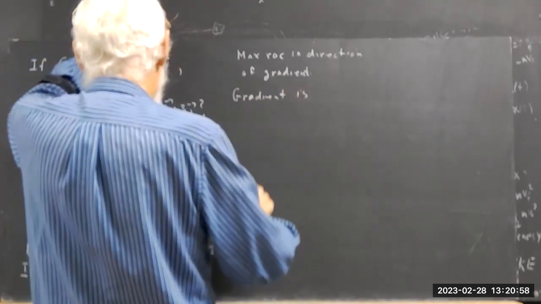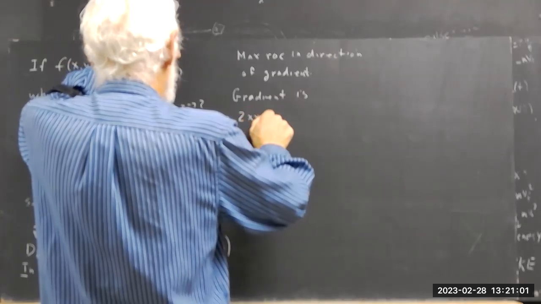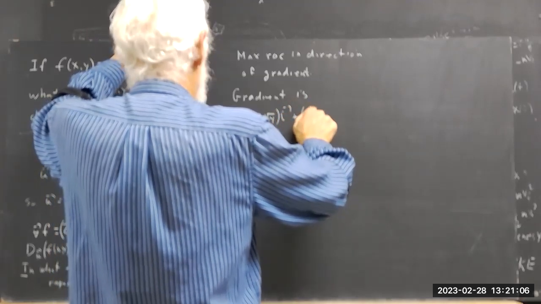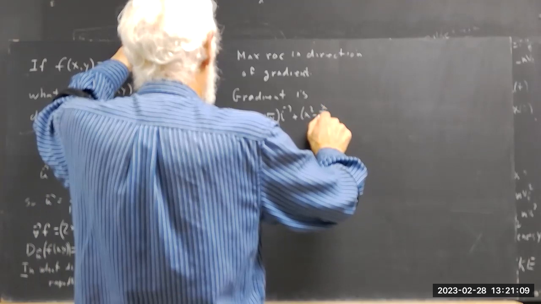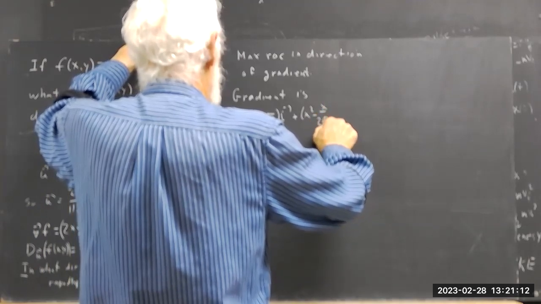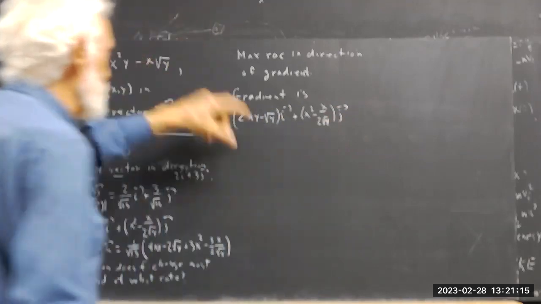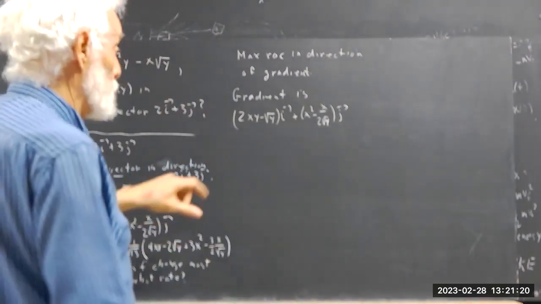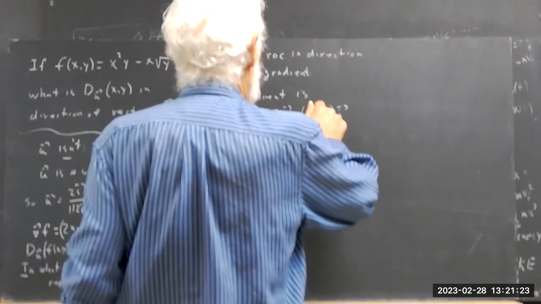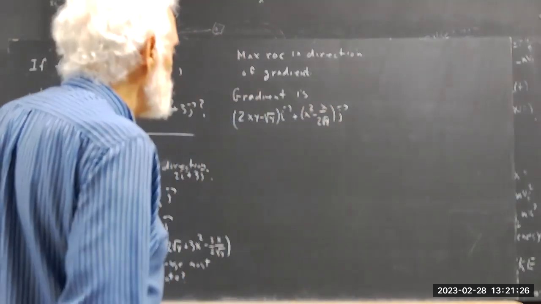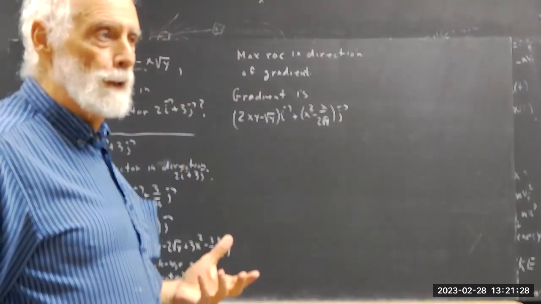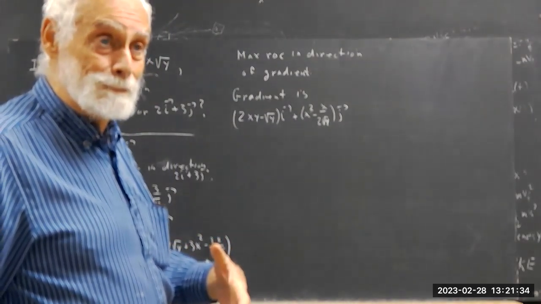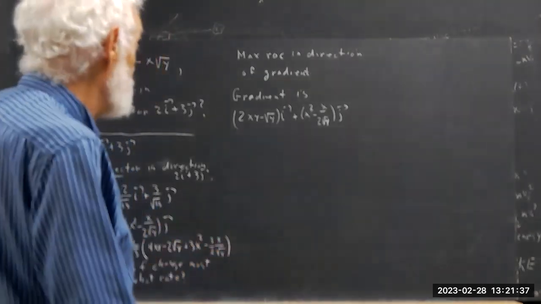And the gradient is, you're writing it here, I'm going to read it to you. You've got it anyway, so you know what the gradient is. So what's the direction of the gradient? Well, you can define the direction of the gradient by the direction of a unit vector in the same direction.